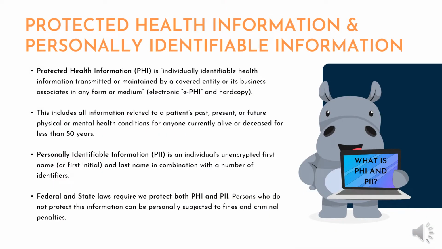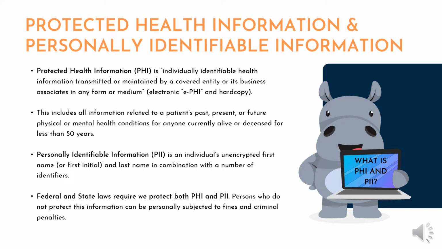Protected health information, or PHI, can be in either hard copy or electronic form and includes sensitive personal health information. Similarly, PII is personally identifiable information that is a person's first name or initial plus their last name and additional identifiers.